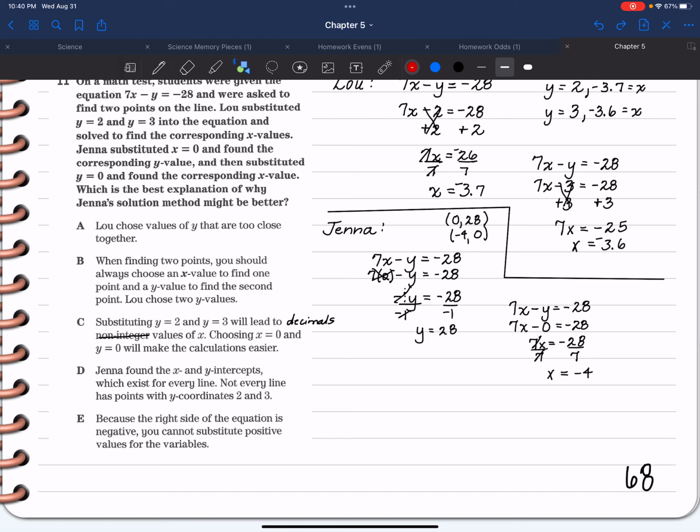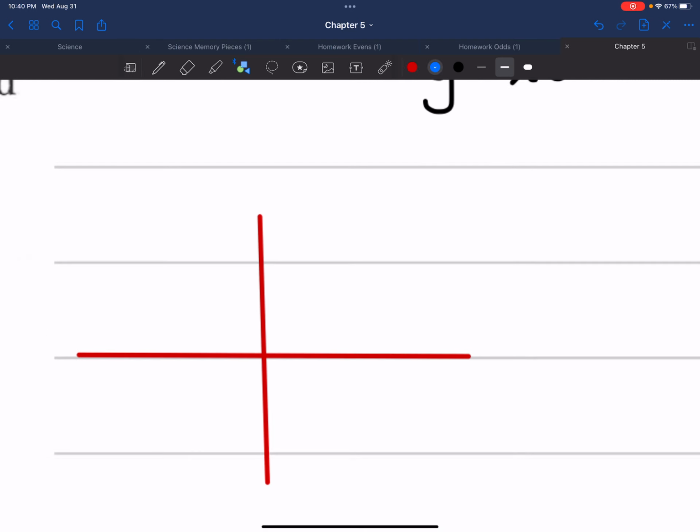I'm drawing a coordinate plane. We're not even going to number it. I'm going to draw a blue line right here. That's a line. It has an x-intercept, but where does it touch the y-axis? It doesn't. There is no y-intercept.